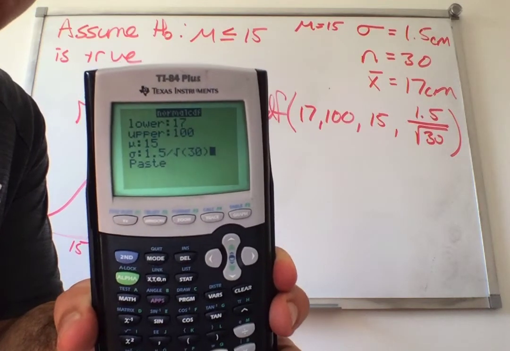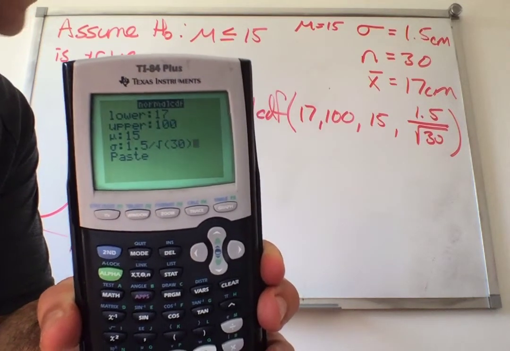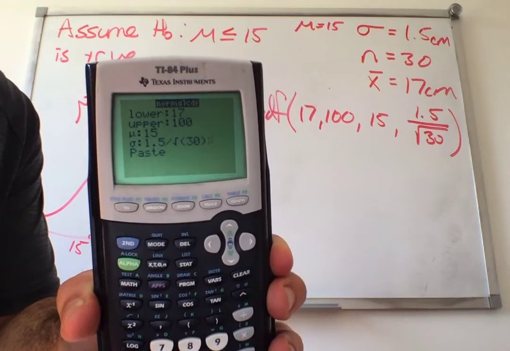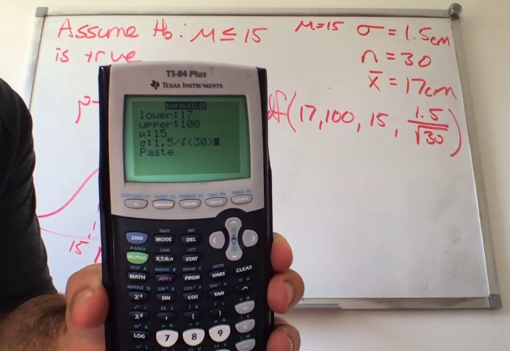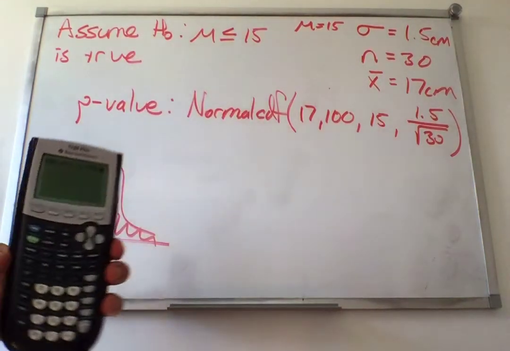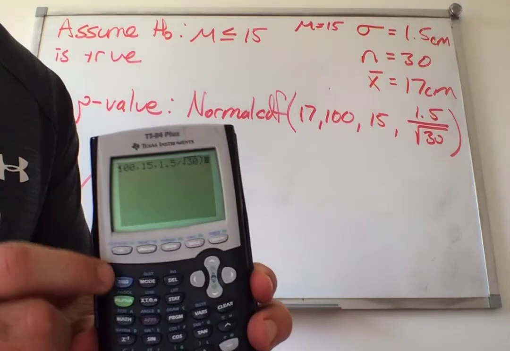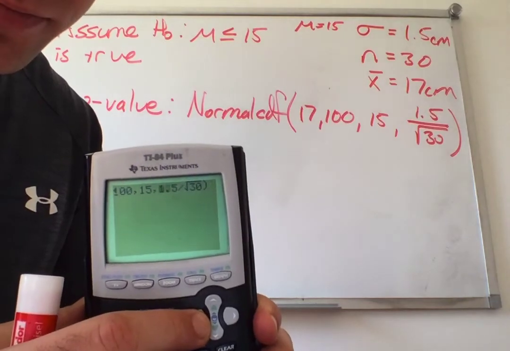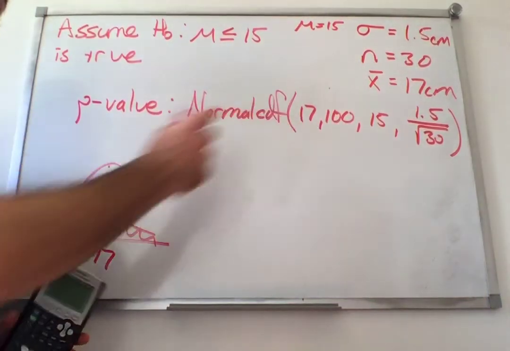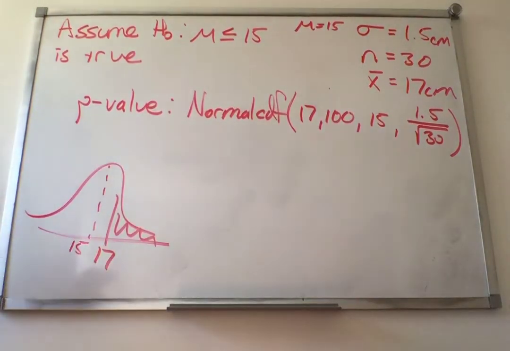And as you can see, when I entered the standard deviation, I just typed it in exactly how I wrote it over there, 1.5 divided by the square root of 30. It's going to calculate that number for me when I go to paste. Now, if you have it where it doesn't give you that menu and you have to write it in a line, you just write it in a line just like how I have it written on the board right here. And then you hit enter.